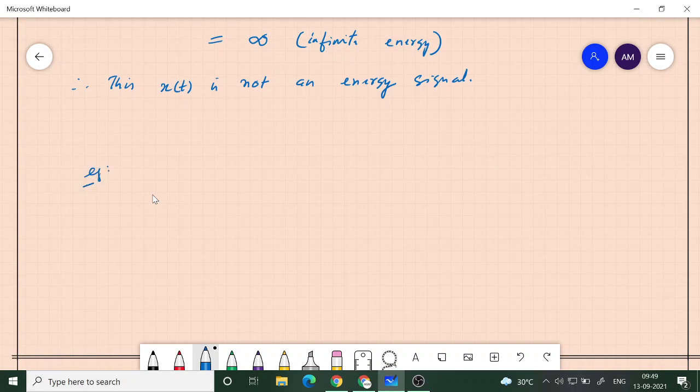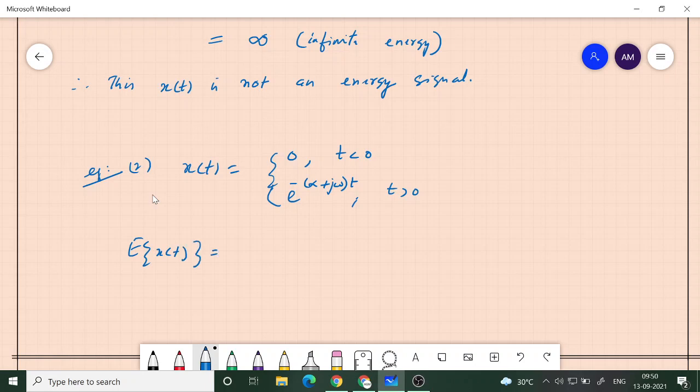Example, say x of t is equal to 0 for t less than 0, and it is e raised to minus alpha plus j omega t for t greater than 0. If this is the case, then the energy of x of t is only from 0 to infinity.